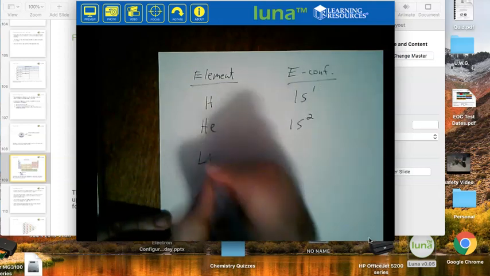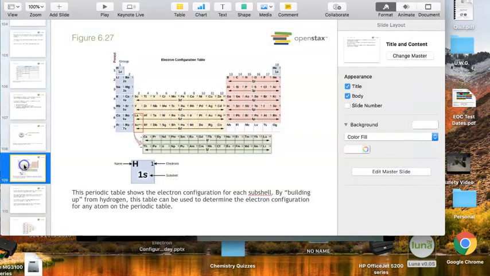What about the next element, lithium? So lithium's here, right? It has 3 electrons, but its first 2 electrons are the same as if it were helium. So its electron configuration is going to be 1s2, 2s1, because this third electron's on the second energy level, and there's 1 there.